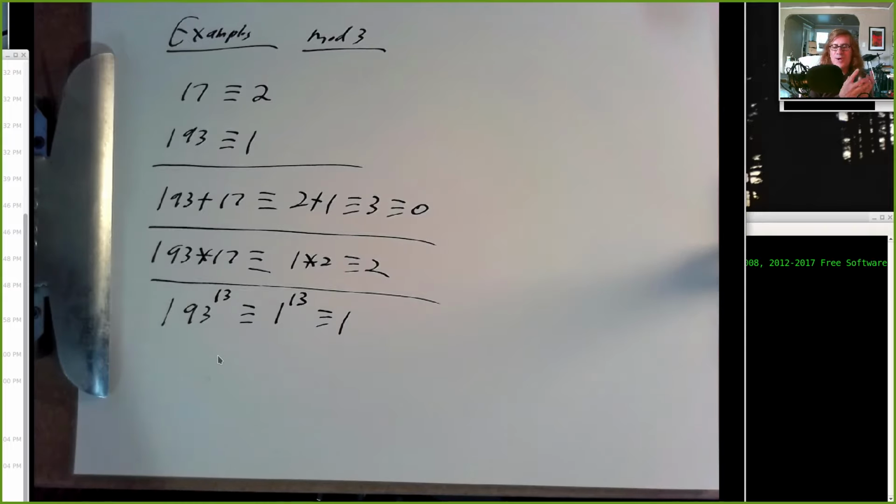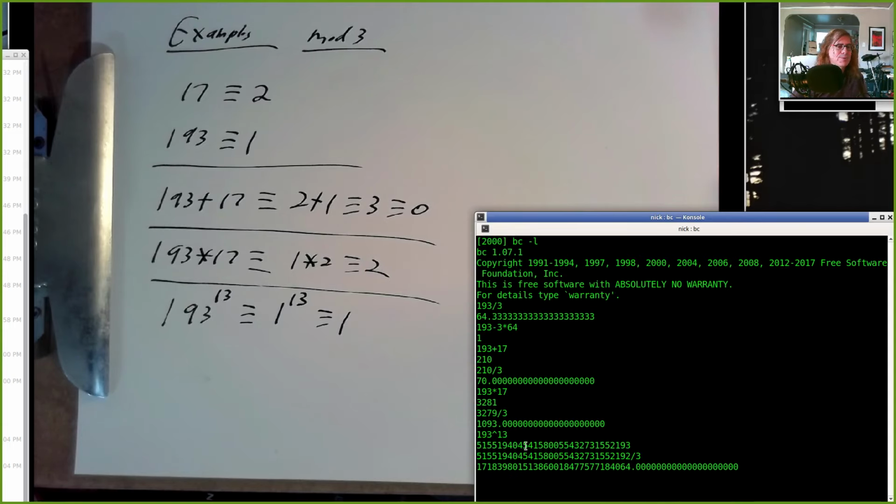All right, this is powerful. This is something that we can use in computer science to do calculations on really large numbers and answer questions about them without having to deal with the large numbers. Because doing this kind of thing is a lot of work, right? We can't just throw this number raised to the 13th into our floating point unit.